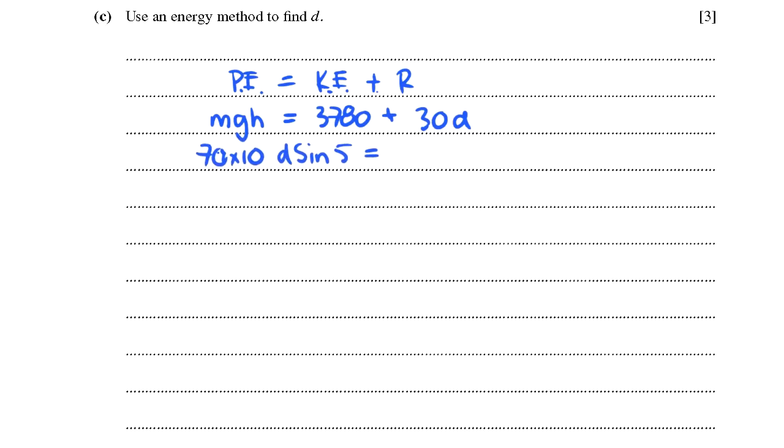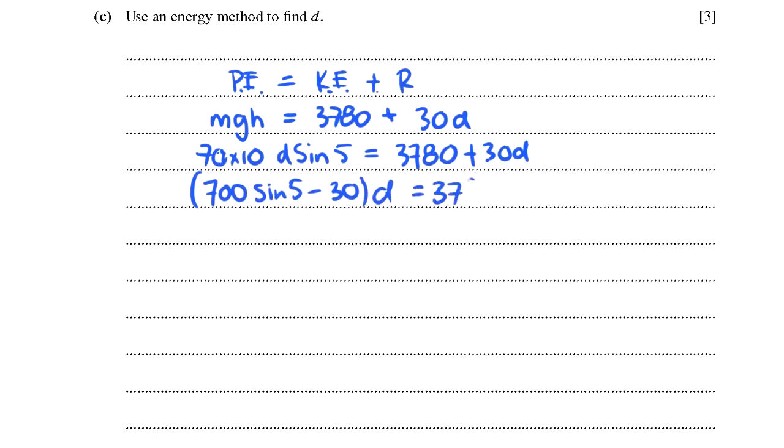All right, and that equals what we have here, 3780 plus 30d. Let's get the d's together. We'll bring the 30d over to the other side, and we'll get 700. Let's leave it as sine of 5. We'll minus the 30, factorize d out, and that equals 3780.